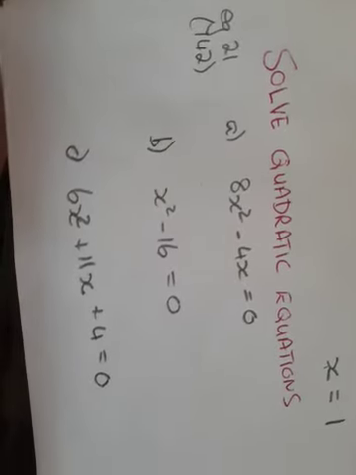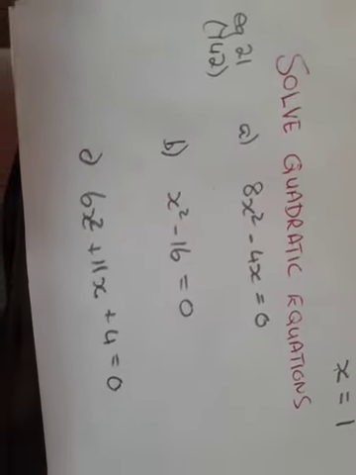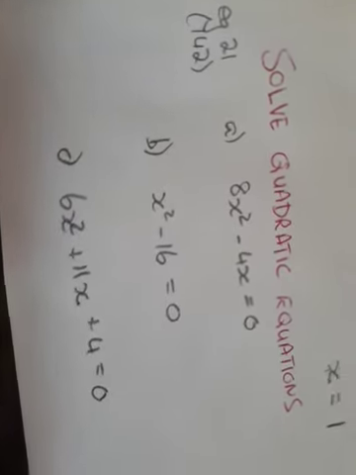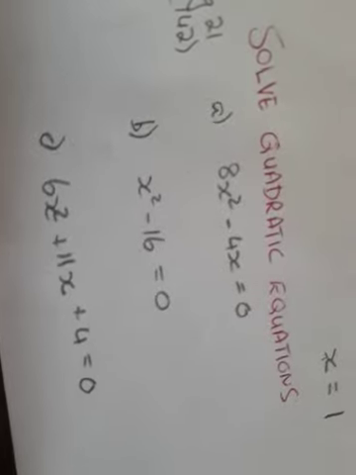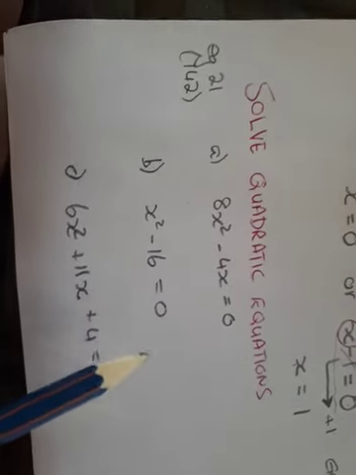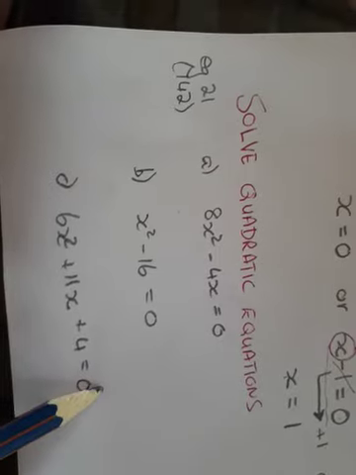Solving quadratic equations. This is in your textbook on page 142, example 21. I want you to first look at this, and you will see that in all three cases we do not have factors.